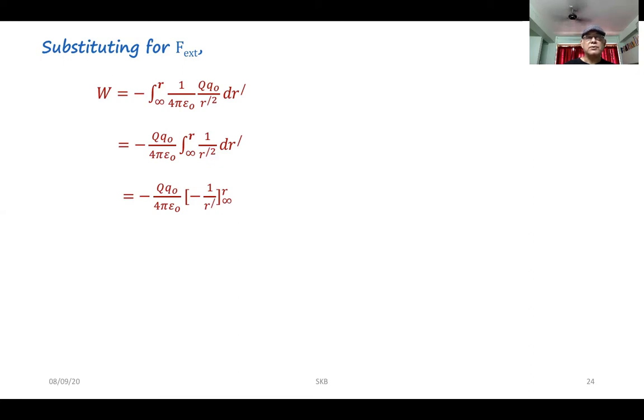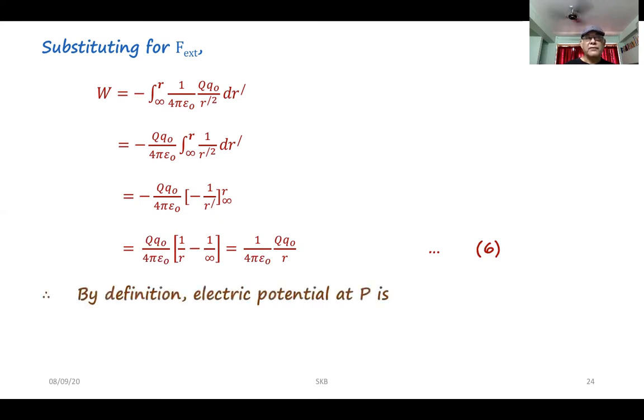We substitute the limits. Then finally we get W equal to 1 by 4 pi epsilon naught Q into Q naught divided by r. This is equation 6. Therefore, by definition, the electric potential at P is W by Q naught is equal to 1 by 4 pi epsilon naught Q by r. This is equation 7.